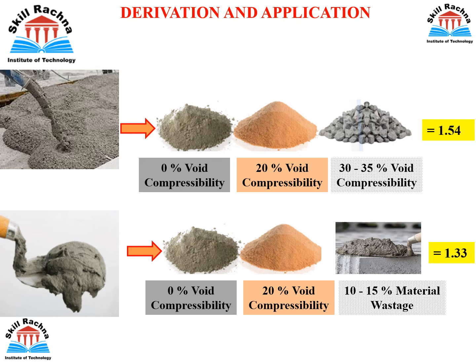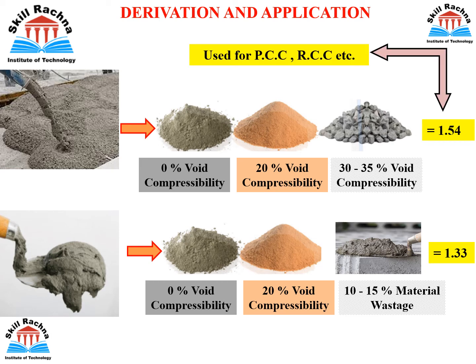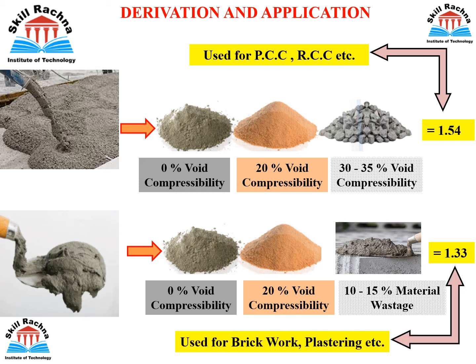Now let's see where we need to use them. For example, we use 1.54 for PCC and RCC, where there is coarse aggregate in the concrete, and we use 1.33 for brickwork, plastering, etc., where there is no coarse aggregate in the concrete. Now let's understand by taking a small example which will completely clarify all our concerns and issues.